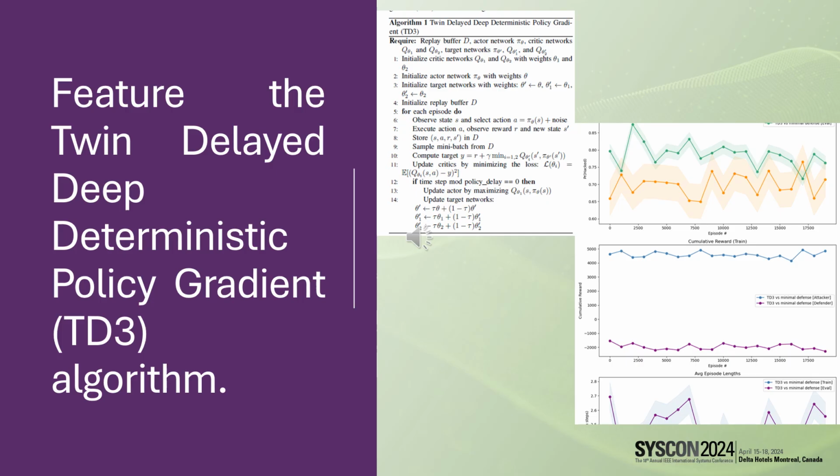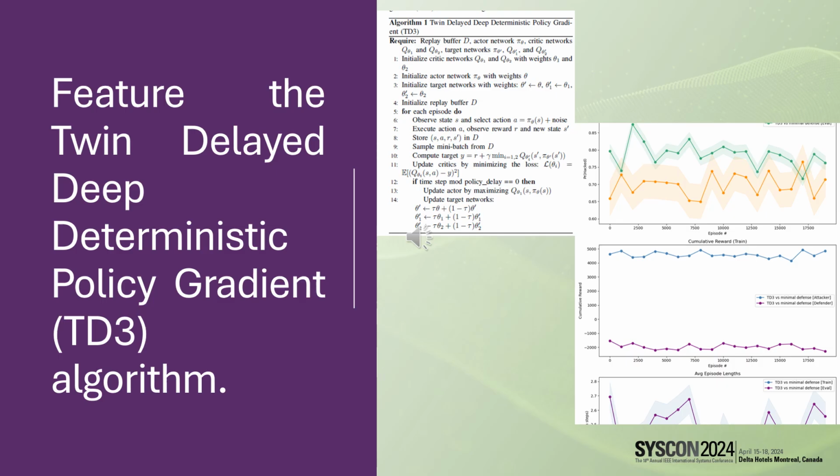This slide shows the features of the twin delayed deep deterministic policy gradient, the TD3 algorithm, which I'm proposing for this paper. This algorithm is an advancement in reinforcement learning that addresses some of the issues found in earlier techniques, such as deep Q-learning and deep deterministic policy gradient, the DDPG.